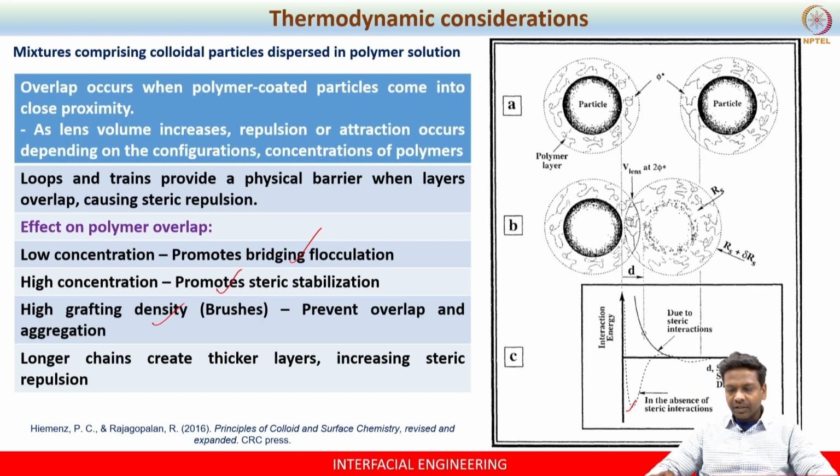Whereas in the absence of steric interactions, especially when there is depletion attraction or bridging flocculation, the interaction energy follows the dotted line. There will be an attraction well because of the absence of steric interactions.